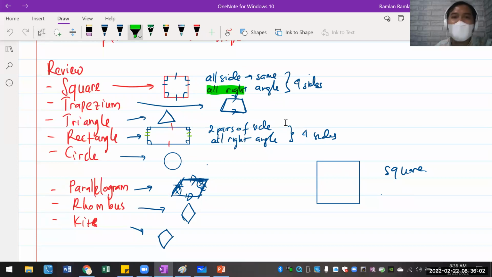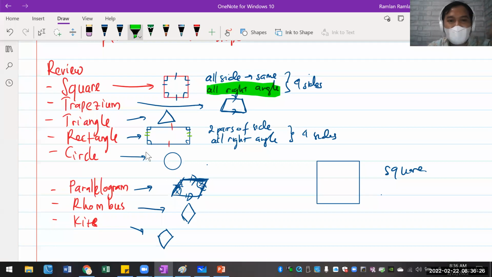If we're talking about rhombus, the angle will not be 90-degree. If it is 90-degree, it will become a square. For example, if I have a pencil and I just rotate the pencil like this, will it become a pen? Of course not. It's still a pencil, the same thing.